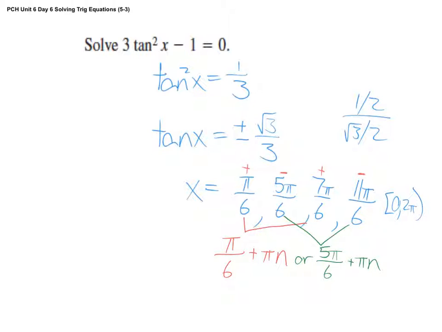Well, it actually has to do with, remember when we looked at the graph of tangent? We had the graph of tangent, and it looked like this. We had these asymptotes.